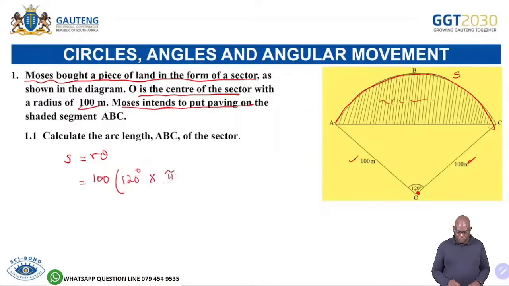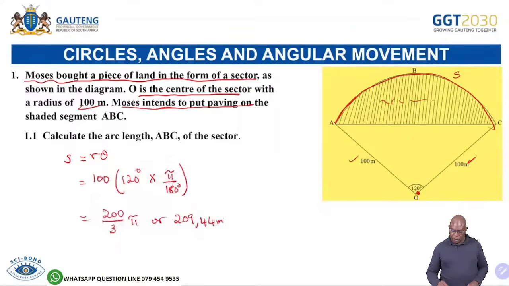Remember, the pi must be on top, the degrees. We are eliminating degrees, so the degrees must be at the bottom. Then from there, remember, now I've already changed it. It's now in radians. Then my answer will be 200 over 3 pi, or I can write it as 209,44 meters.